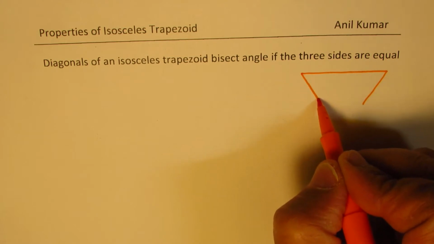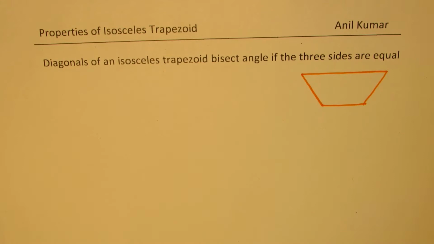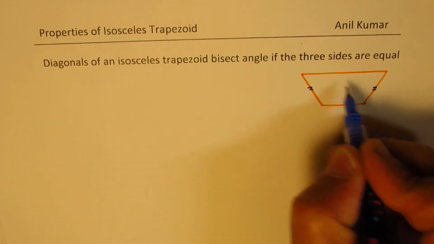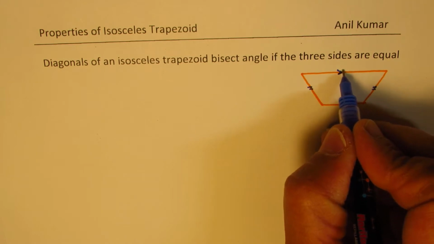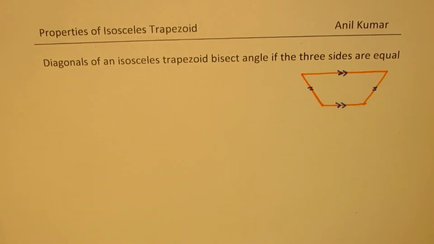So we have an isosceles trapezoid, which basically means that one set of opposite sides is congruent, and the other set is parallel. Right, so that is what an isosceles trapezoid is. Now in the question, we need to prove two things.